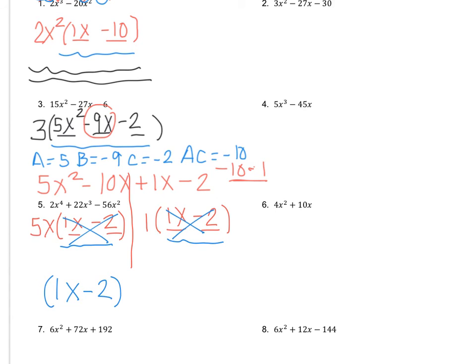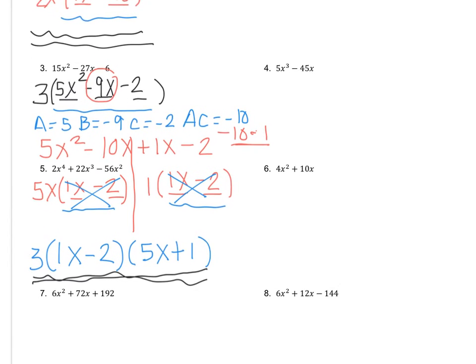Once I have that written, I write my other set of parentheses, 5x plus 1, because that 1 is positive, and I have factored that. Don't forget to go up and rewrite down your greatest common factor you initially pulled out, 3. Now you have your final answer right here.